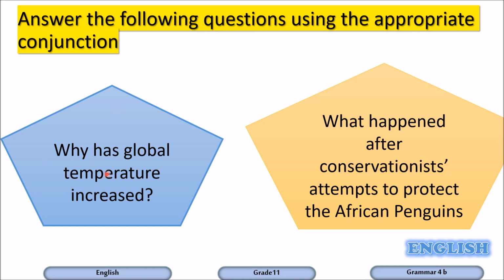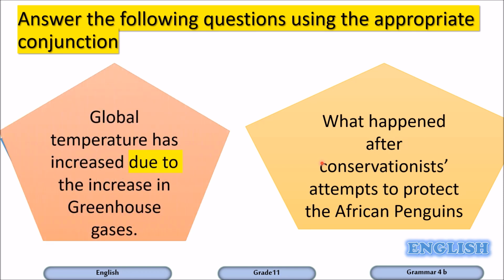The first question, why has global temperature increased? Here, the question is about the cause or the reason. Very good. So let's share an answer. Global temperature has increased due to the increase in greenhouse gases.